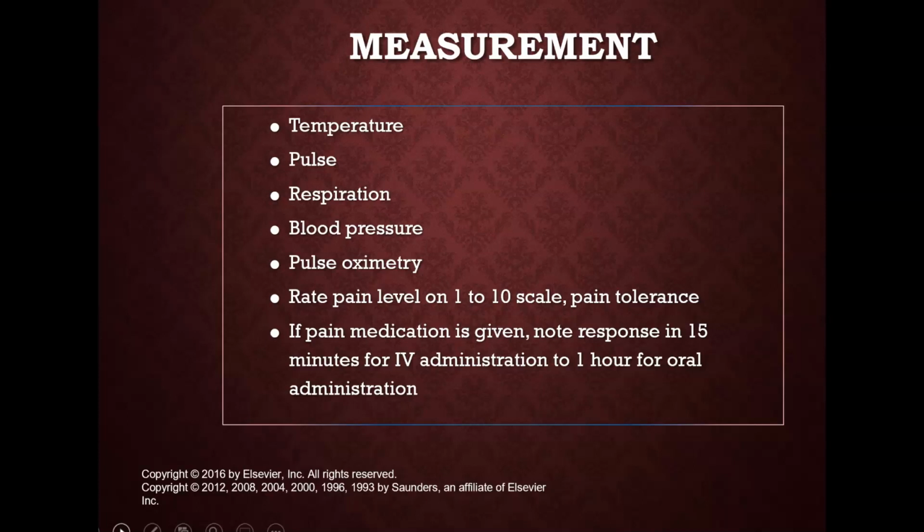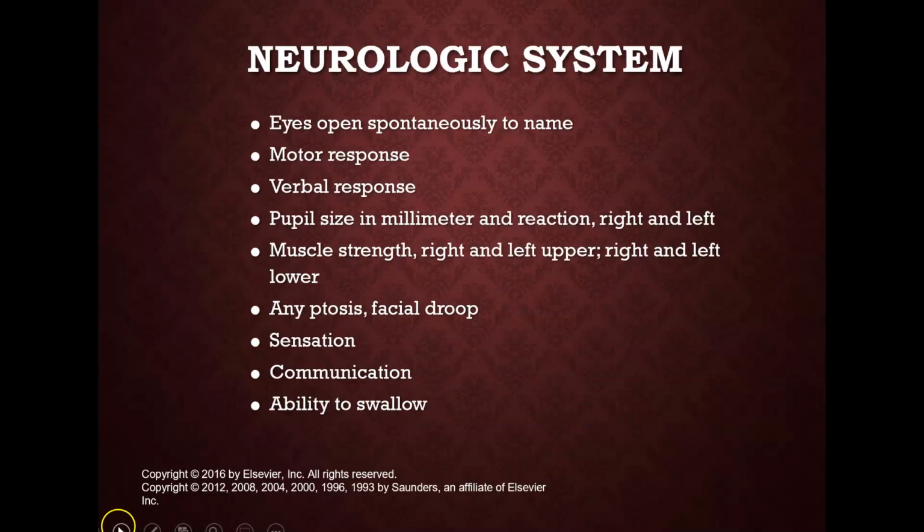If you have to give pain medication, always make sure that you come back and evaluate that person about 15 minutes after if you give it through the IV, and if it's oral or whatever, come back within the hour to make sure that there's some assistance. So you're always going to evaluate when you do something to a patient, you guys. Always go back and see how that is helping the patient.